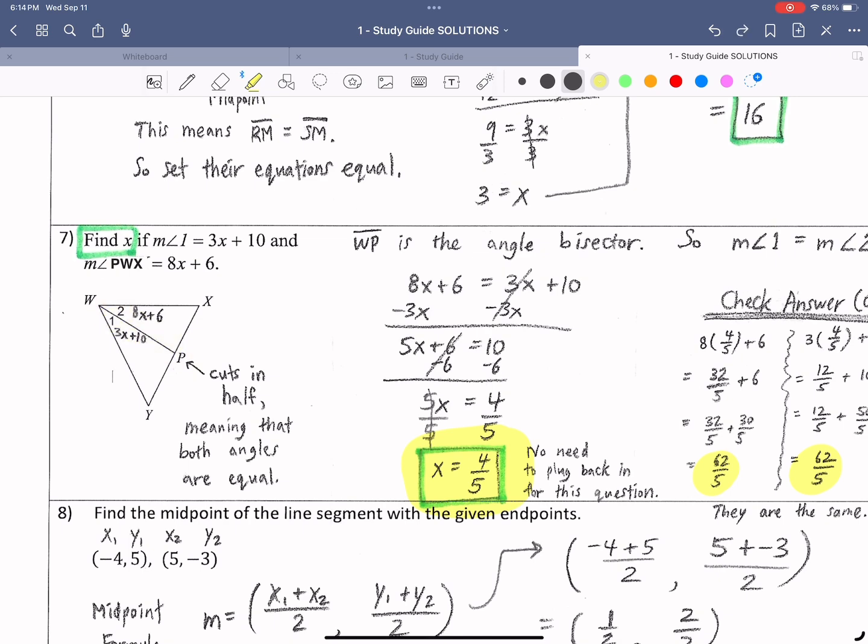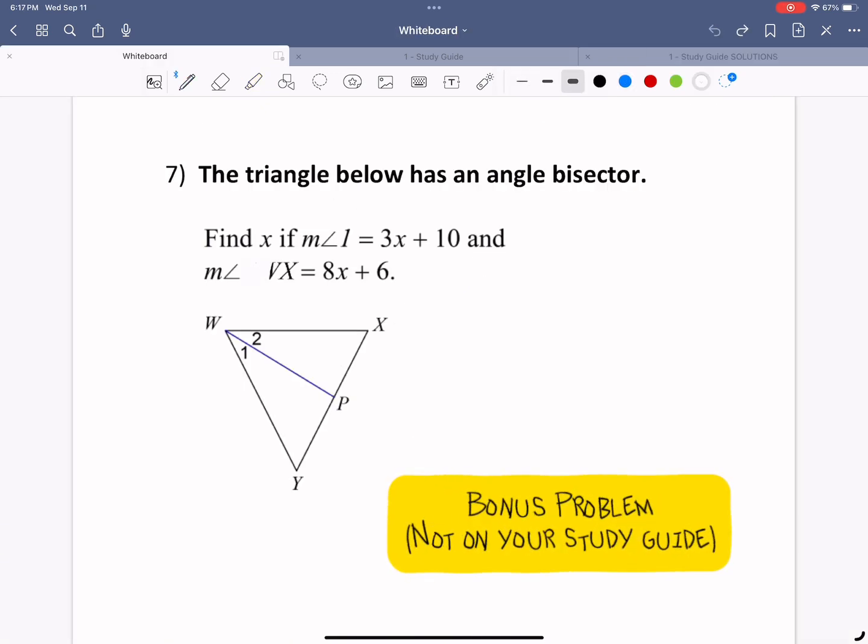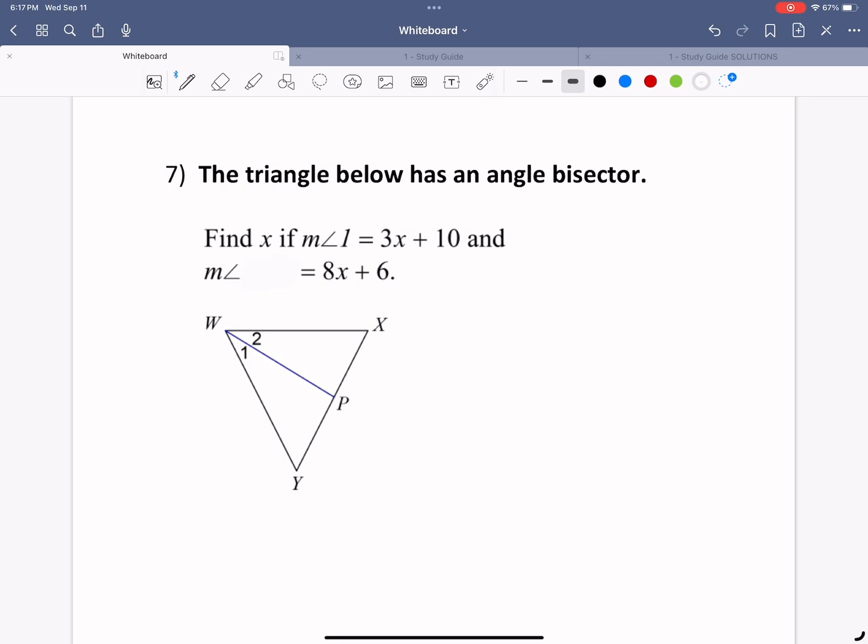Okay. Let's imagine if this problem said something else. For example, if this said YWX, okay? Now what would this be saying? So angle 1 would still be this guy that I'm highlighting, right?